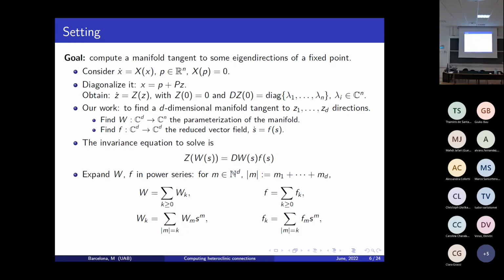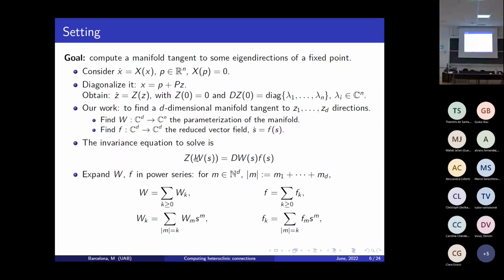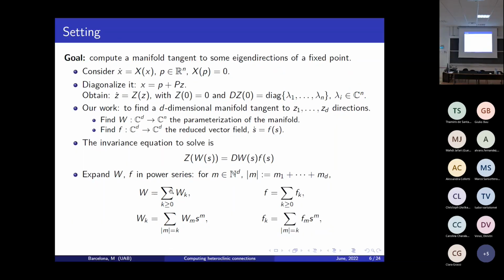Our invariance equation that we want to solve is this one, which is the infinitesimal version of the original one. In order to solve it, we expand W and F in power series like this, where each one of the components of this sum is a homogeneous vector of order k in s.